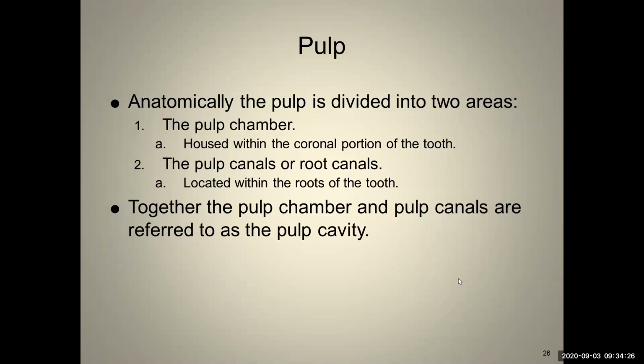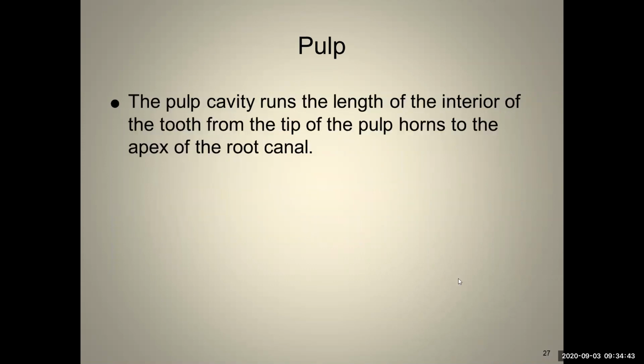Together, the pulp chamber and the pulp canals are referred to as the pulp cavity. The chamber is the upper, coronal part, and the pulp canals are the root, or apical, part. The pulp cavity runs the entire length of the interior of the tooth, from the tip of the pulp horns up in the crown to the apex of the root canal.